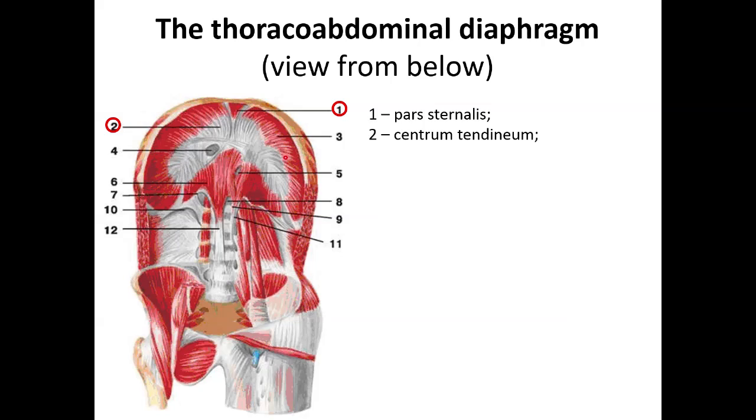It originates on the bones, on the sternum, on the ribs, on the vertebrae, but its insertion is in the central part of the diaphragm and looks like a mirror.